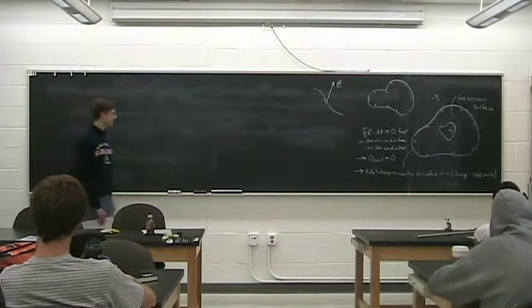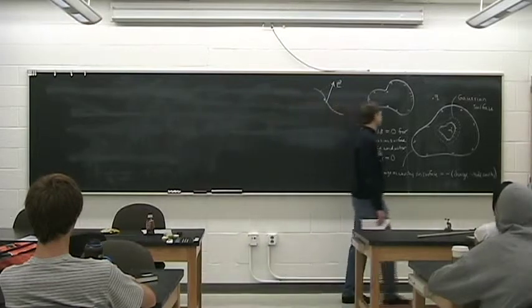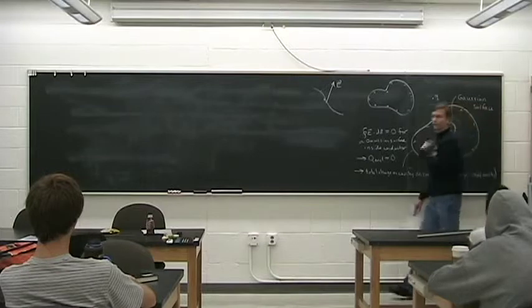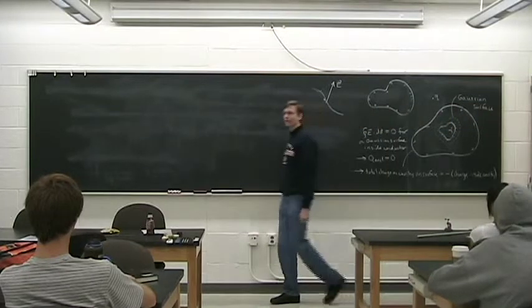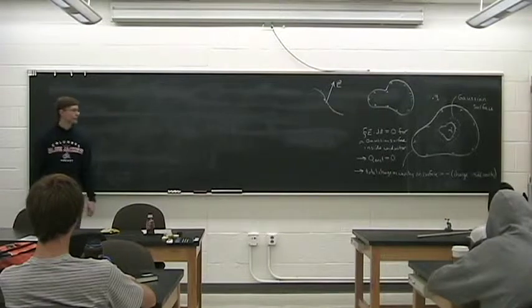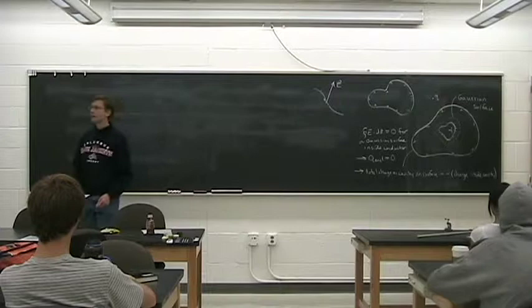There is no other possibility. So you could guess that no charge will accumulate on there if there's no charge inside, and you can show that's really true. You won't get any charge accumulating on there if there's no charge inside the cavity. Okay, any questions?